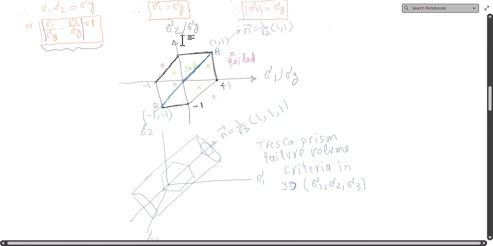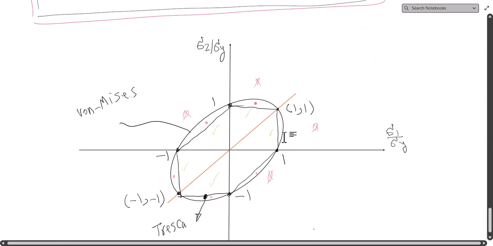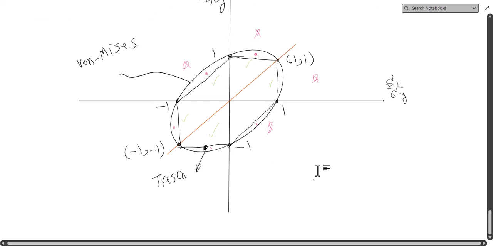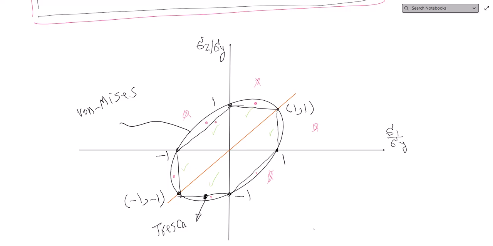I'm referring to this Tresca criteria or graph. And you see very clearly that if you are here, according to von Mises, it is safe because it is inside the elliptic shape. But according to Tresca, it is outside the zone which Tresca assumes safe. Therefore, for Tresca it is not safe. For example, this point or this point or a point like this.